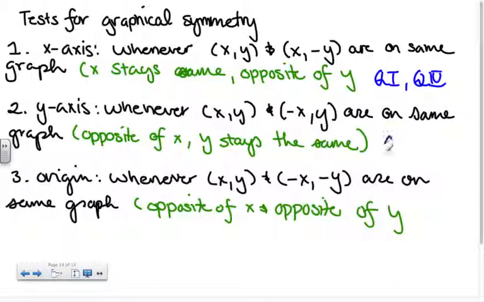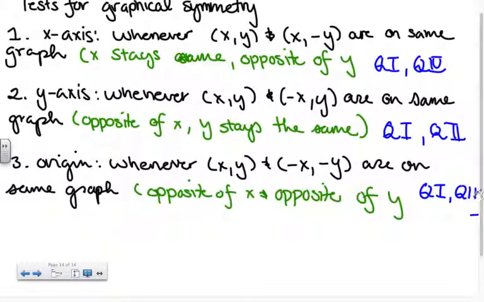This will be Q1, Q2. And this will be Q1, Q3. Okay? So on the quadrants, when you're looking at symmetry, it's going to be symmetrical with the x-axis when you see quadrant 1 and quadrant 4, and with the y-axis, quadrant 1 and quadrant 2. Okay?